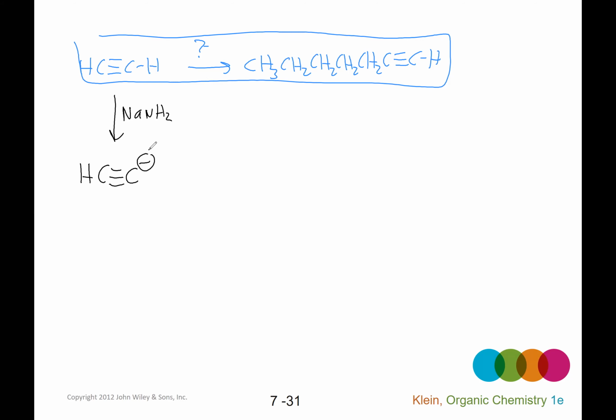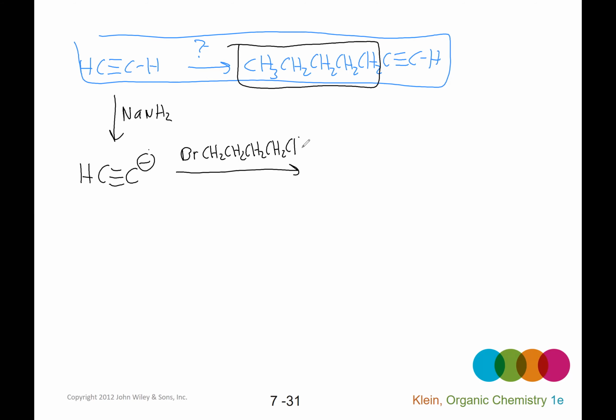Just the active species. So you form the nucleophile, and now, well, look, we want to add this 5-carbon chain. So we can just add a 5-carbon chain. Look, Br, 1, 2, 3, 4, 5, right? So this is a primary carbon, right here.